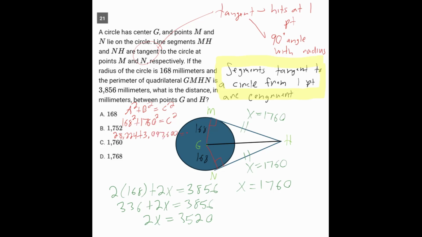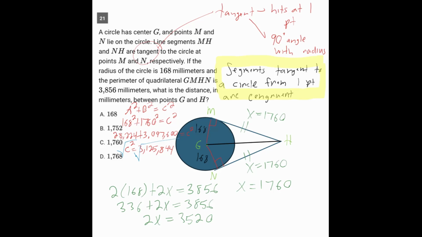And that still equals c squared. Adding the two numbers together, we get c squared equals 3,125,844. And now we can take the square root of both sides.